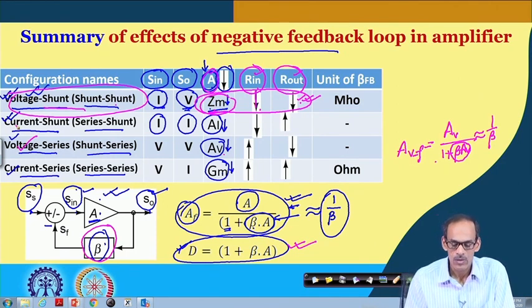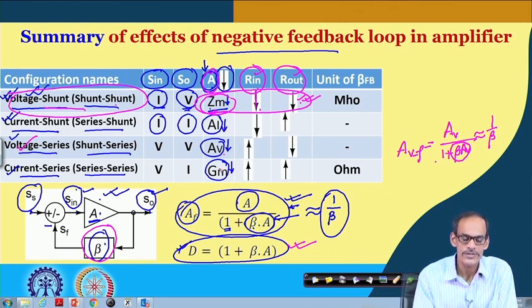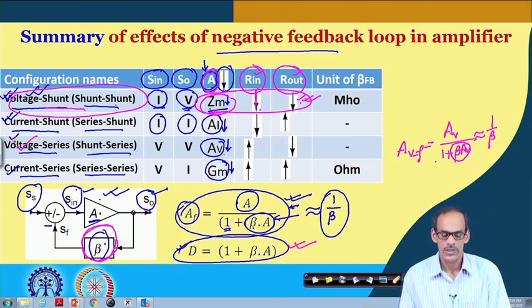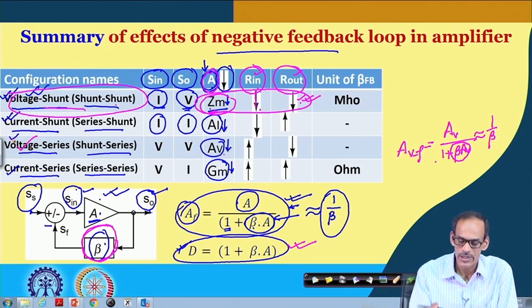And likewise, if you are very clear which parameter you would like to stabilize, defined by the parameter of the feedback network, based on that you can select the corresponding circuit configuration, and also you should be aware what may be its corresponding consequences. And the consequences, as I said, for this case are that both R in and R out are getting reduced.